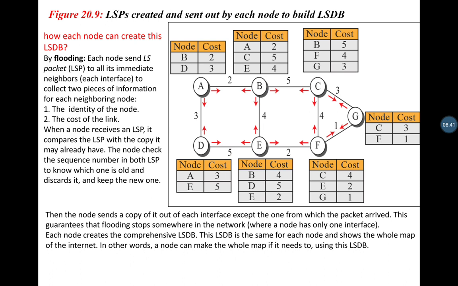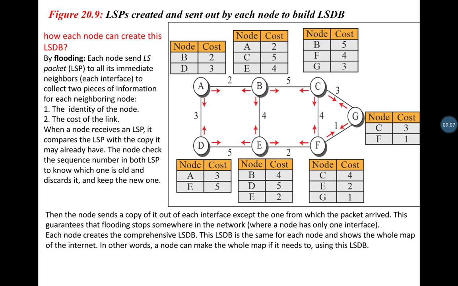The solution is known as flooding. Here, each node sends an LS packet, which is a link state packet, to all its immediate neighbors to collect two pieces of information. To create this link state database, flooding is used.